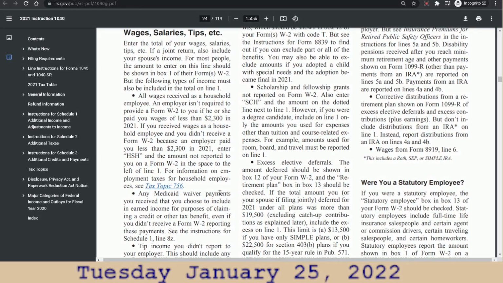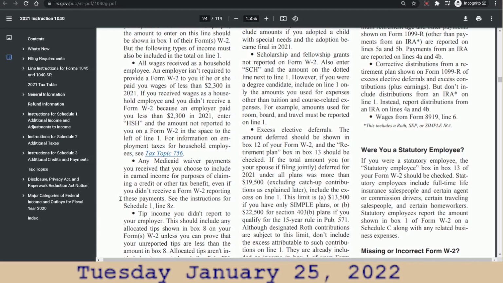Any Medicaid waiver payments you receive that you choose to include in earned income for purposes of claiming a credit or other tax benefit, even if you didn't receive a Form W-2 reporting these payments. See the instructions for Schedule 1, Line 8Z. Tip income you didn't report to your employer.